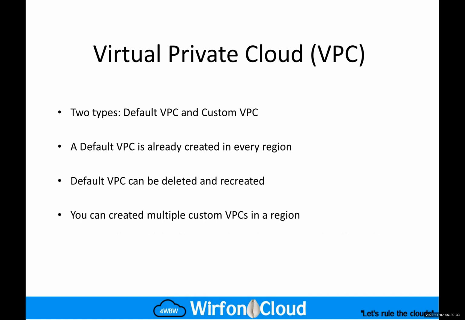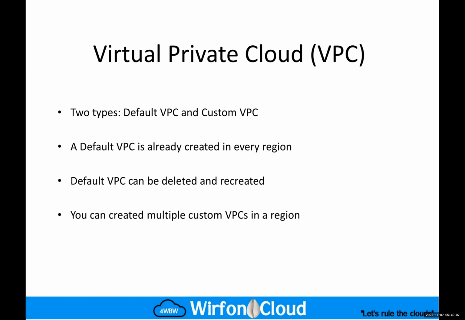In AWS, they also divide your VPCs into 2 types. There's the default VPC and there's what is called a custom VPC. You remember the AWS network is divided into regions, and so when you create an account in AWS, you get a default VPC in each of these regions.